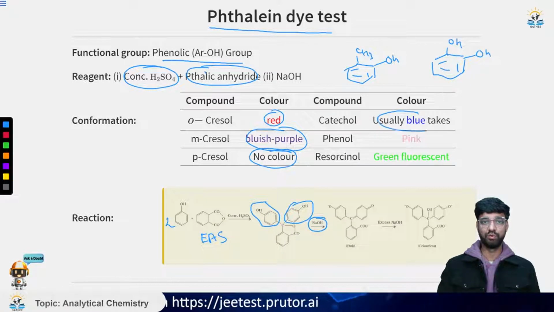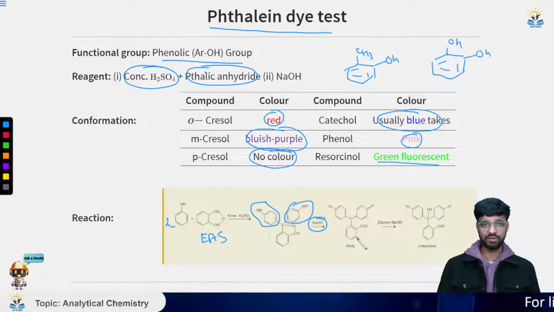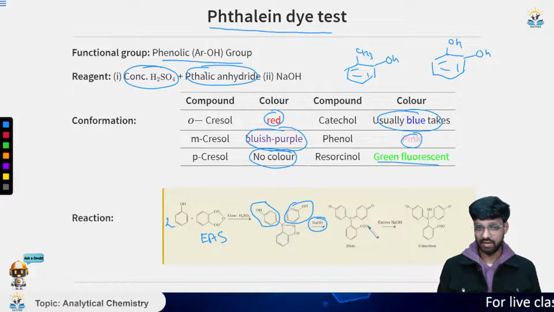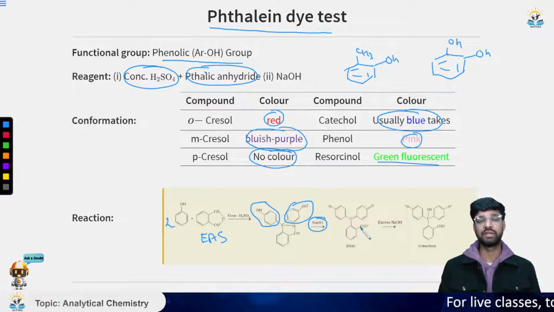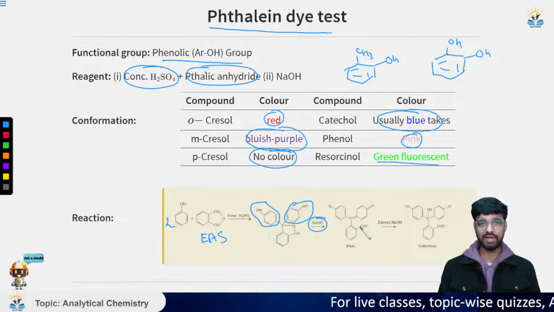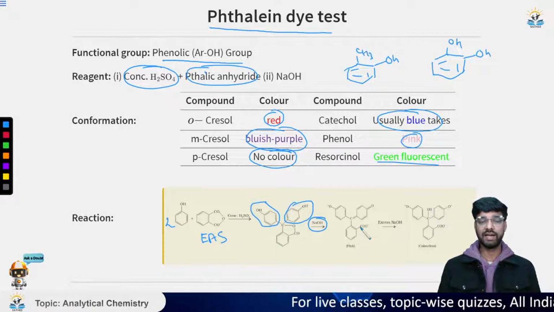So it gives blue color. Phenol gives pink color, and resorcinol gives green fluorescence. So all this can be identified, that is, which kind of OH compound is present, whether it is cresol, catechol, or simply phenol. You can identify with this phthalein dye test.